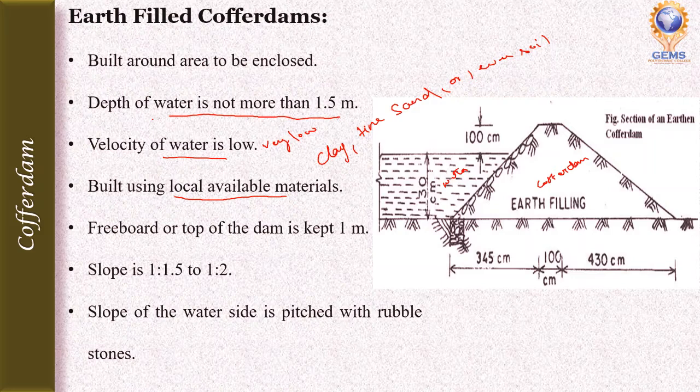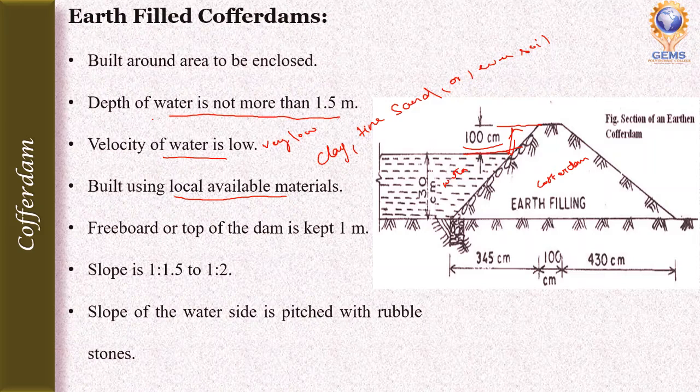The height of the dam is kept 1 meter more than the maximum water level. See here, this is the height of the dam, this is the water body. It is kept 1 meter or 100 centimeters more. This is called the freeboard.